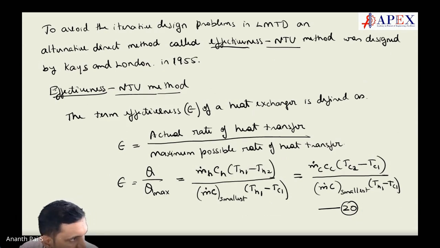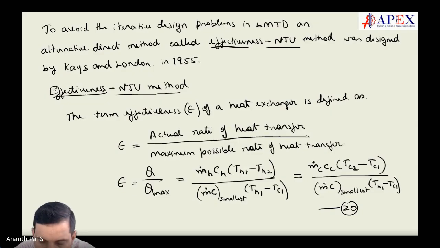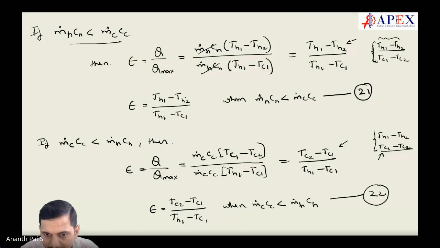So we have started, we have said what is effectiveness. Any doubts here? So what if the heat capacity of the cold fluid is less than the hot fluid? Then the cold fluid will be the m C smallest. So NTU has to be defined by whatever the minimum is. Will the whole formula change over there? No, it does not change. It remains the same.